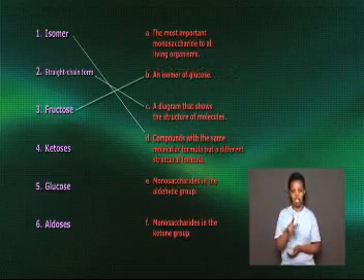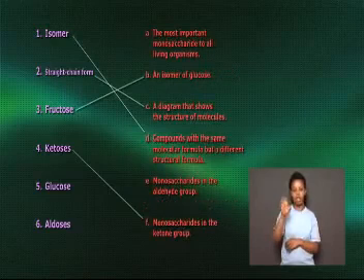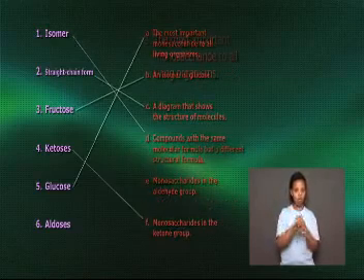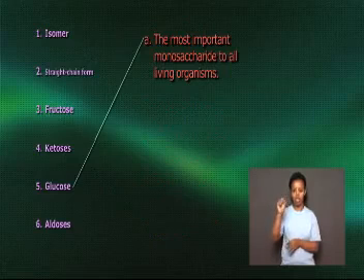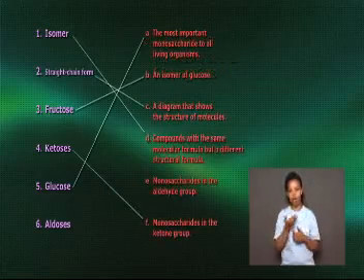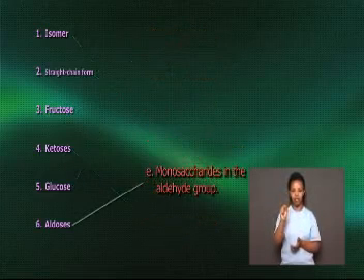Ketoses are monosaccharides in the ketone group. Glucose is the most important monosaccharide to all living organisms. Aldoses are monosaccharides in the aldehyde group.